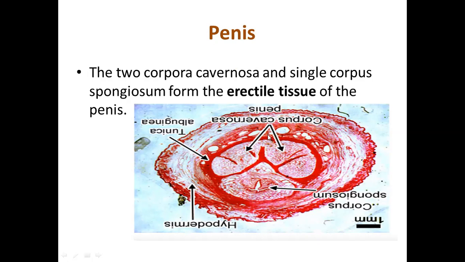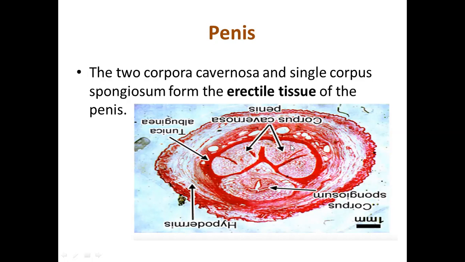This is a highly vascular component, and within all these cavernosa there are blood-filled sinus spaces, endothelium-lined spaces present in all these connective tissue corpuses. These endothelium-lined spaces are termed sinuses. So blood will engorge inside these.